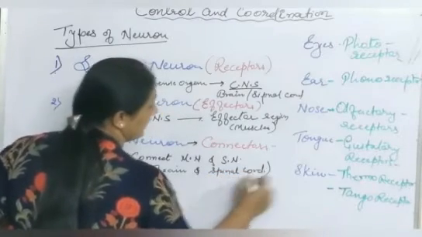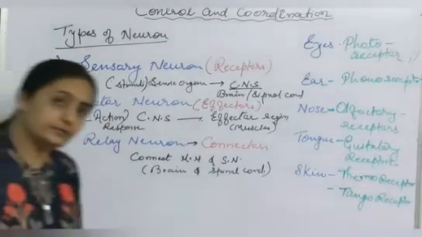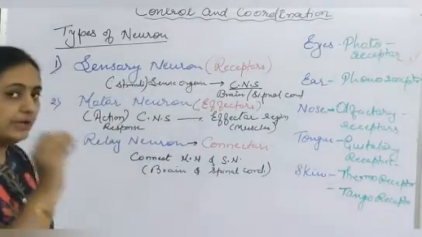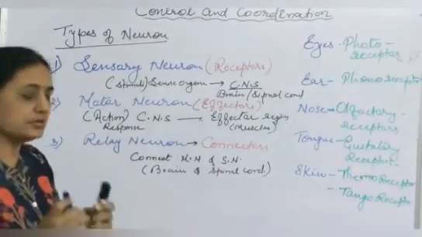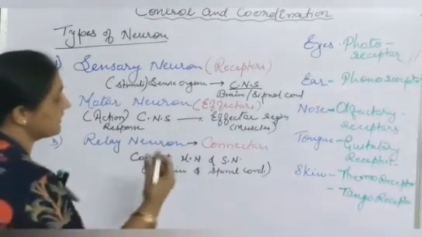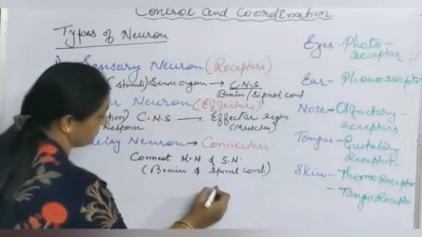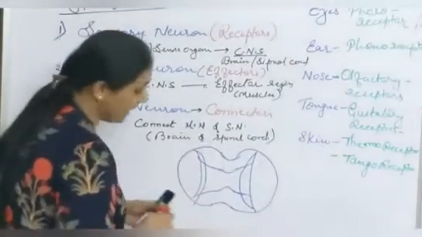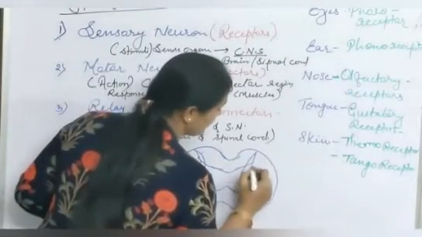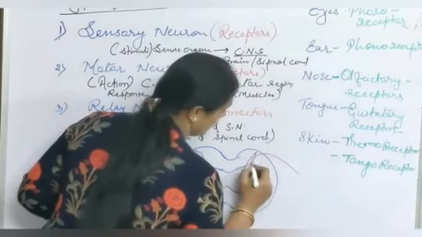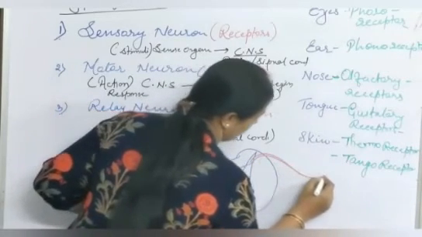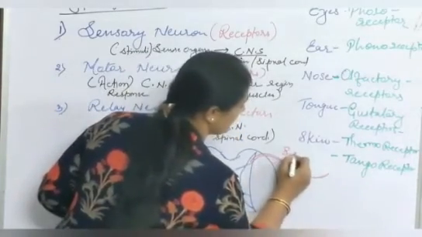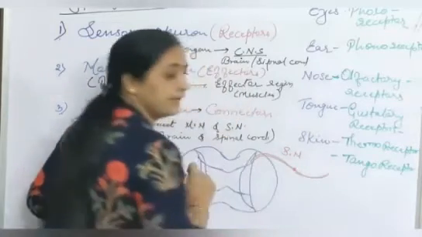So how are they located? Let us take a simple example of the spinal cord. Suppose this is the spinal cord, and from this side, suppose this is the sensory neuron, here one ganglia is there.